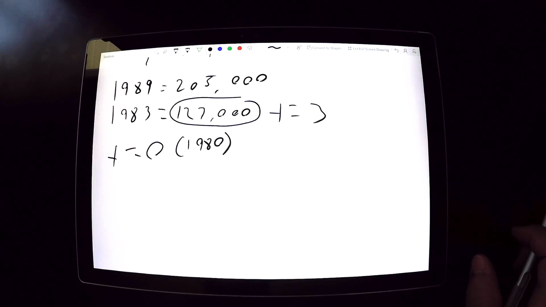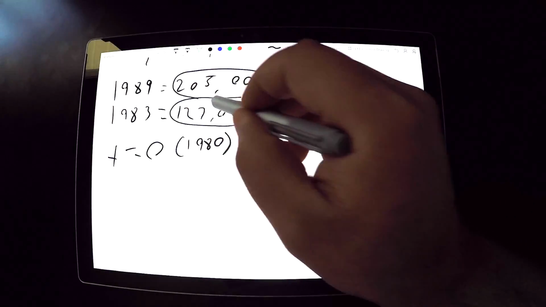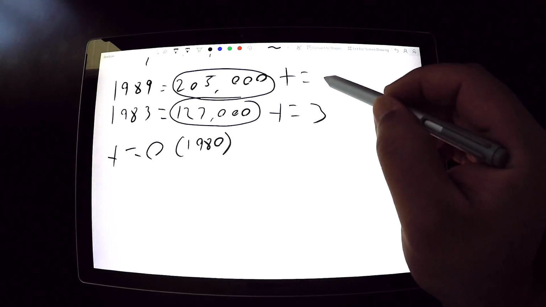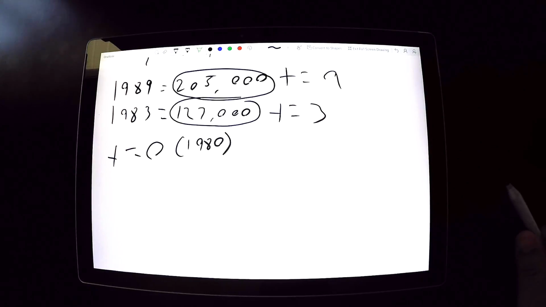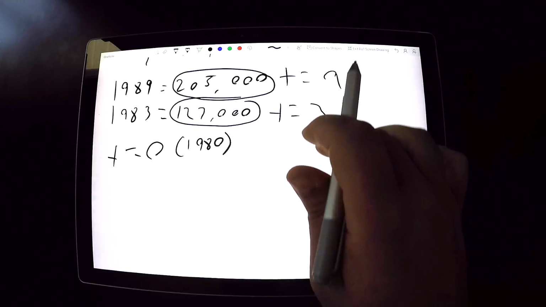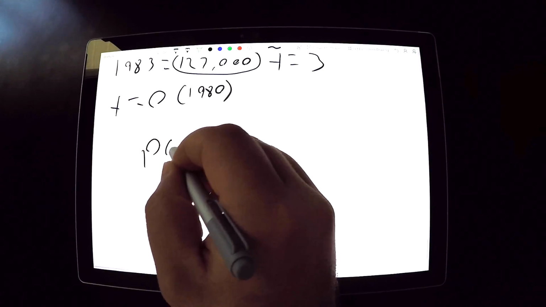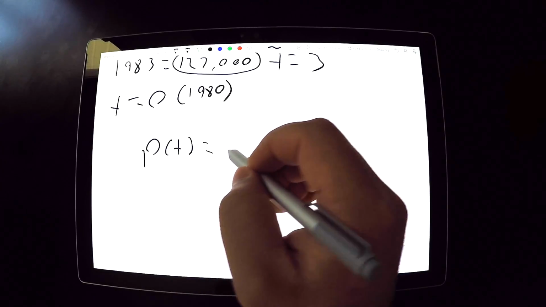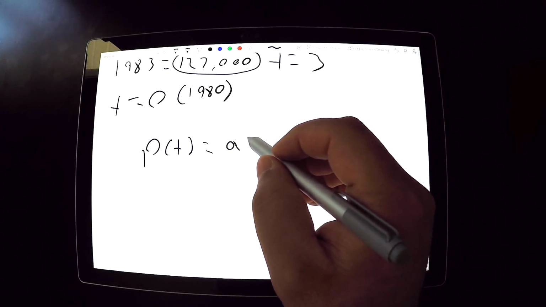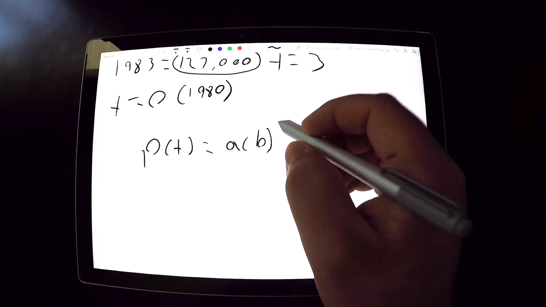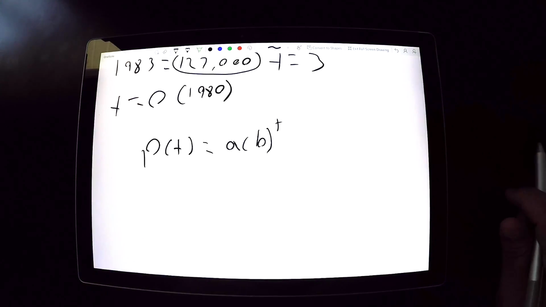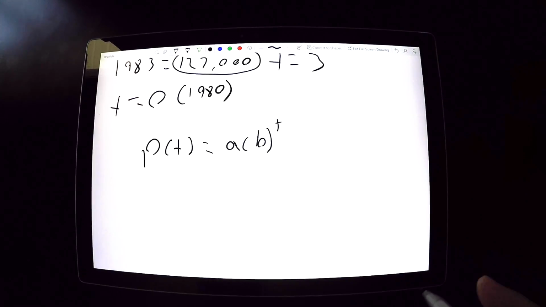And for 1989, we know it was 205,000, so t equals 9. Now, the general equation is P(t) is equal to A times B to the power of t.